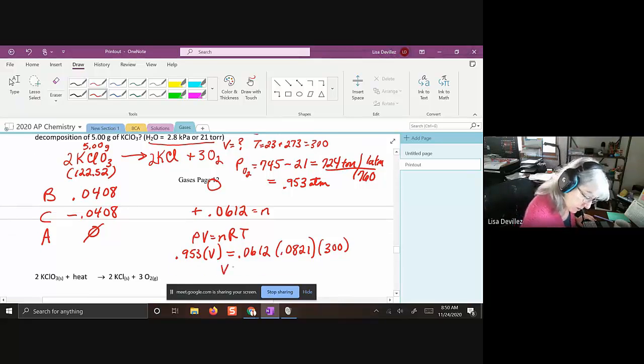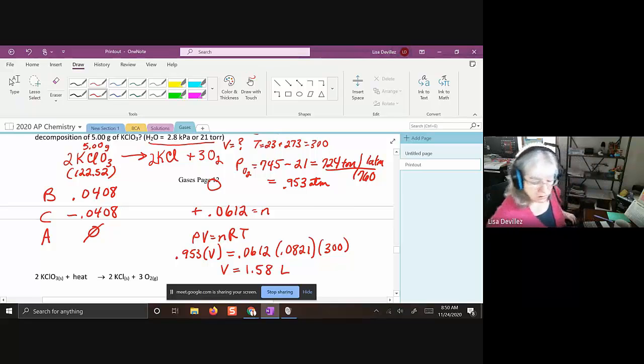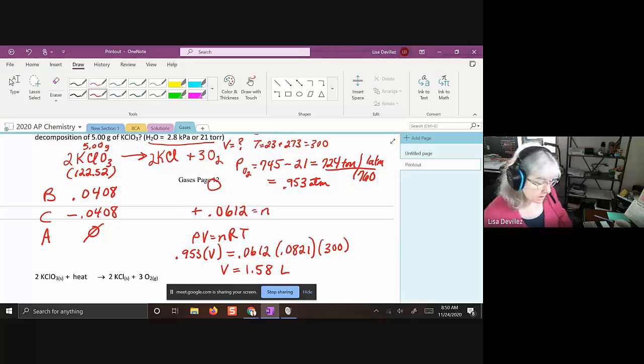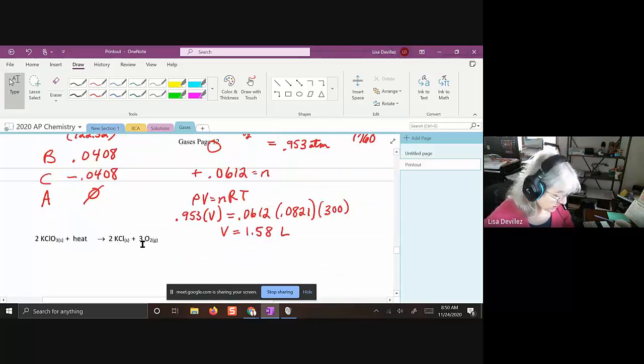So volume is 0.0612 times, getting 1.58 liters on there. Okay, so that's one type of problem that involves a mixture of gases.